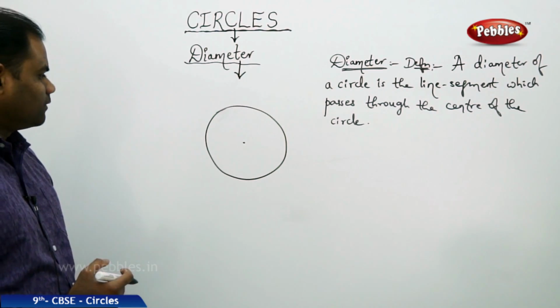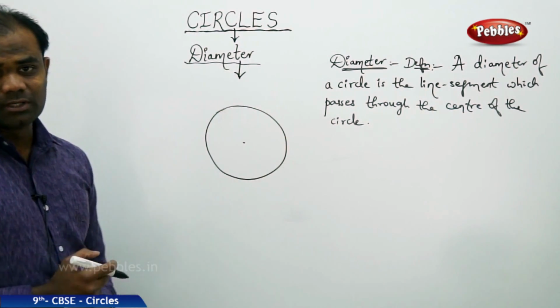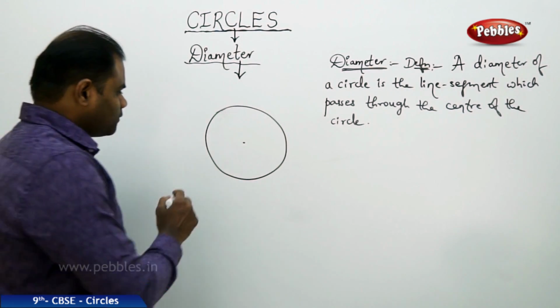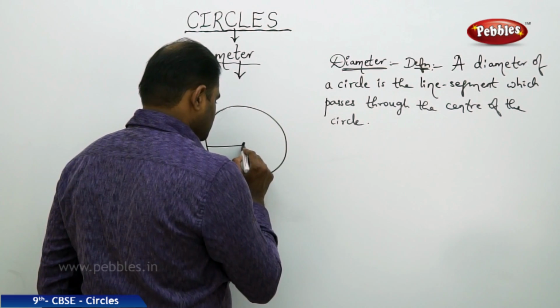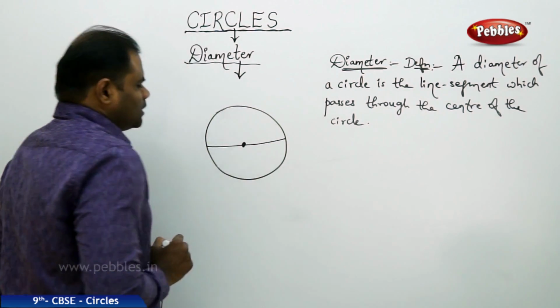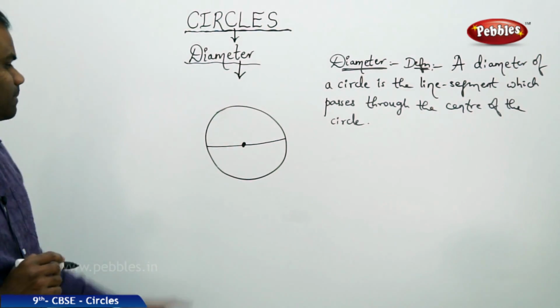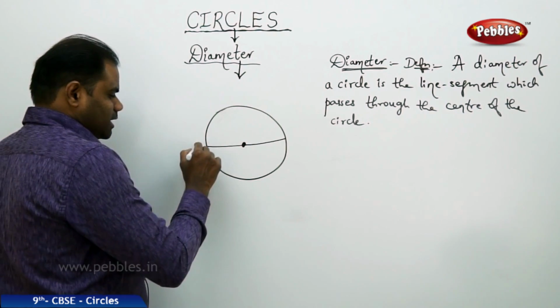Now here we have many line segments which pass through the circle, but there's only one fixed line which passes through the center. So here any line which passes through the center is called a diameter.